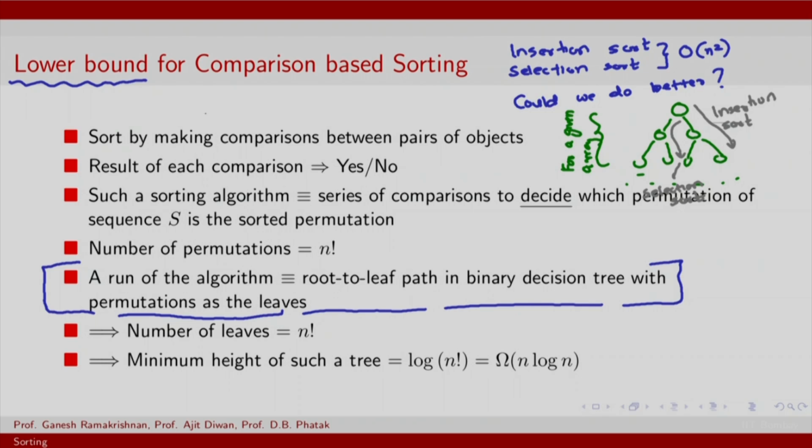So we'll use the index i for a permutation, and xi1 will be an element of the ith permutation. xi1 less than xi2 would be a kind of comparison we would make. The result of each comparison is a yes or no, and that corresponds to the branching.